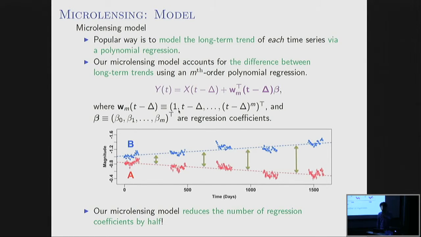But if we use our model, then we just need 2 parameters: the intercept and slope for the difference between the 2 long-term trends. So it seems like we are setting the time series A as a tilted x-axis, and we are fitting regression on the time series B so that it has the same slope as the time series A. So we reduce the number of parameters in the model.